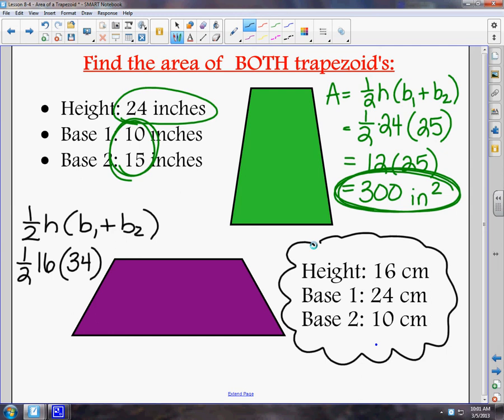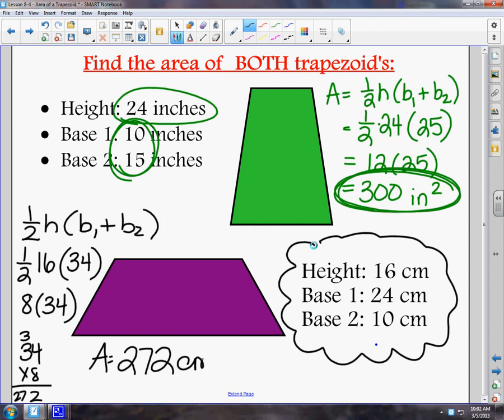So 1/2 of 16 is 8 times 34. So I just have to do 34 times 8. Don't need a calculator. 8 times 4 is 32. 8 times 3 is 24 plus 3 is 27. So my area is 272 centimeters squared.